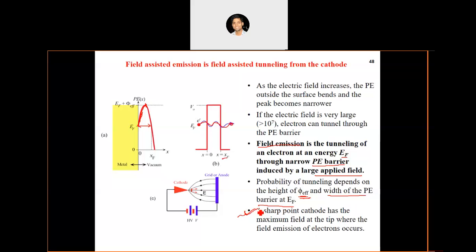Think about it. You can write your answers in the chat box. How does having a sharp point cathode help in increasing the field emission of electrons? Yes, somebody is trying to say something.